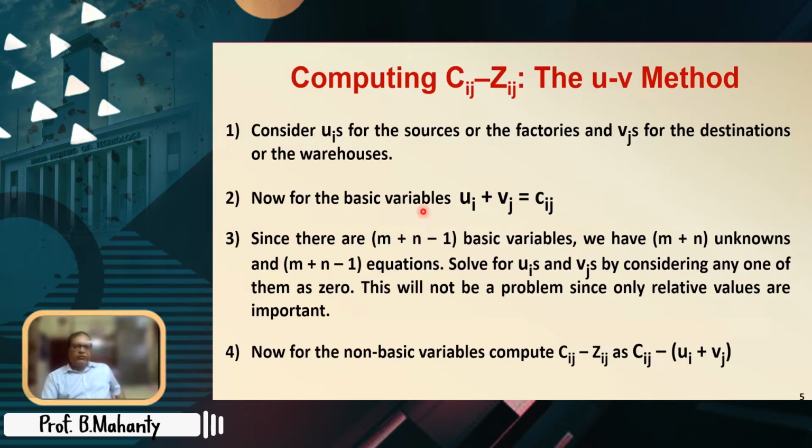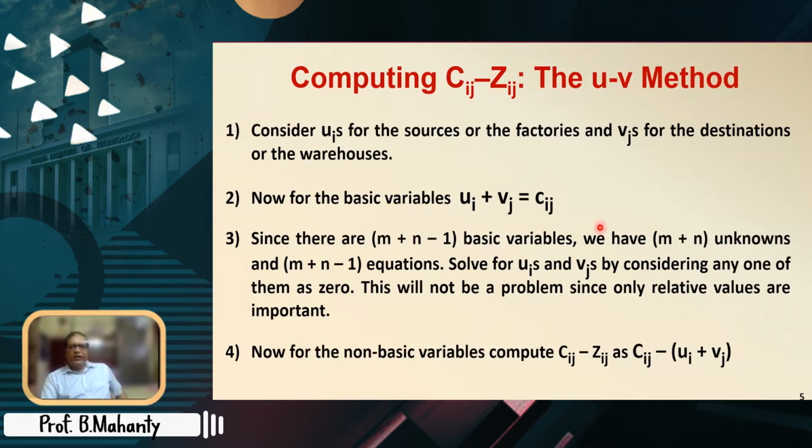For the basic variables, the cost potential difference is 0. That means ui plus vj equals Zij, and since that cost potential is not there, ui plus vj is not Cij minus Zij, because there is no Zij. So ui plus vj equals Cij itself.